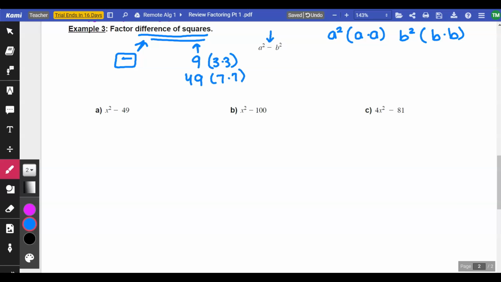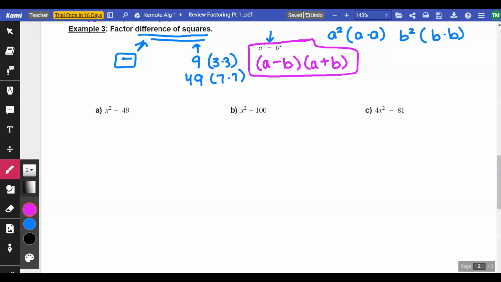So when I factor a squared minus b squared, my factored form is always going to be a minus b times a plus b. And if you notice, the square root of a squared is a, the square root of b squared is b. So I just put a and a, b and b, subtract and add for your signs.